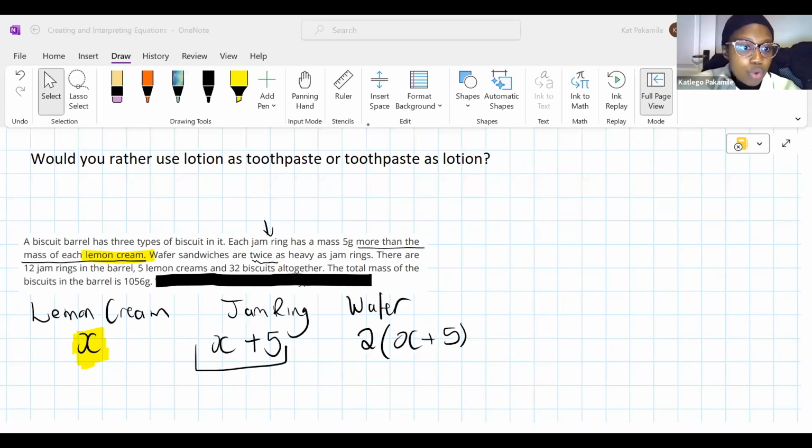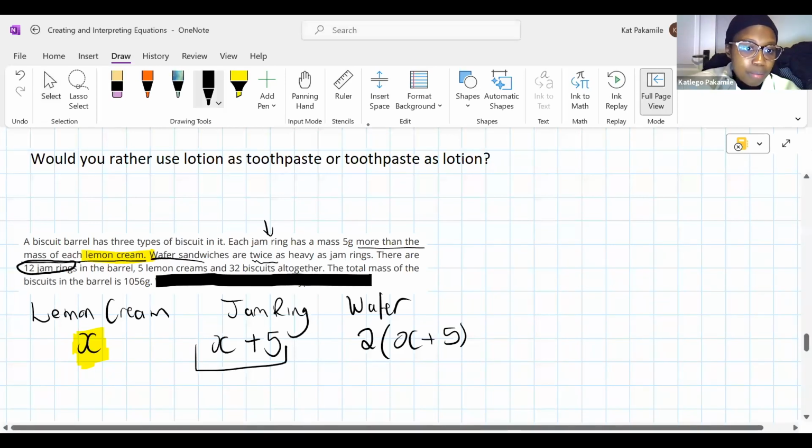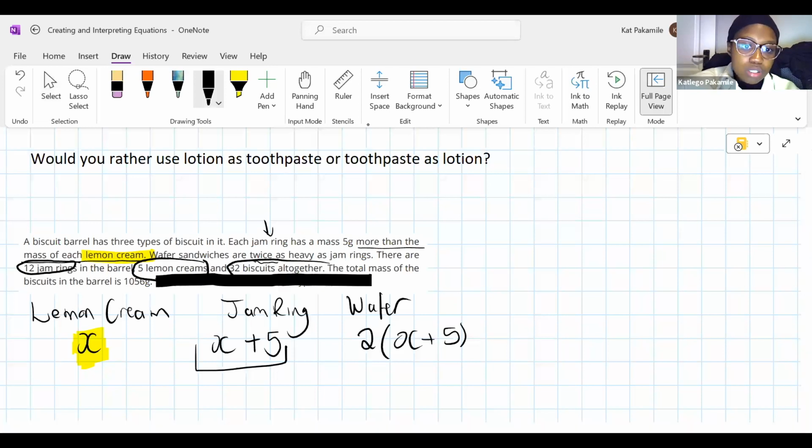And then we move on. There are 12 jam rings, 5 lemon creams, and 32 biscuits altogether. So there are 5 lemon creams. If 1 lemon cream is X, then 5 of them is how much? If 1 lemon cream weighs X, then 5 of them weigh how much?